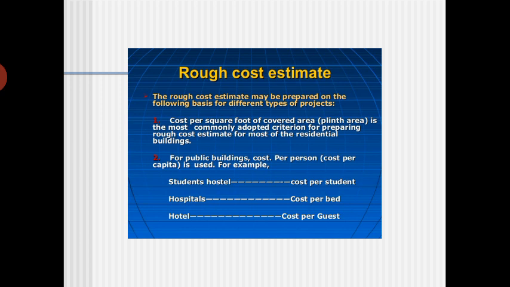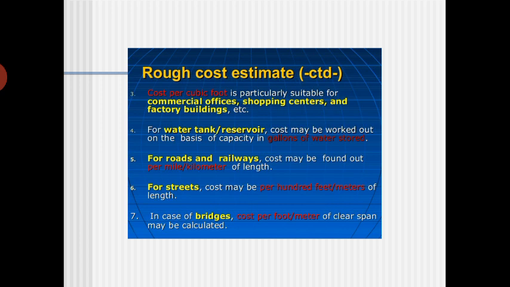Then for commercial offices, water tanks, roads and railways, streets, bridges, we calculate in different ways. For bridges we make it cost per meter length. This is a rough estimate when you are doing it.